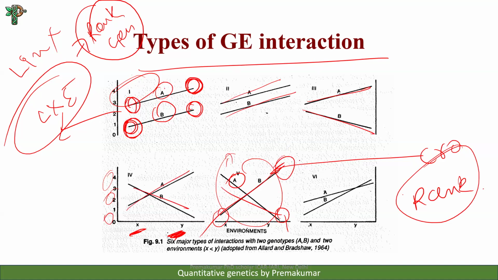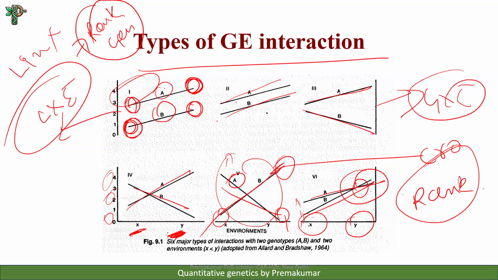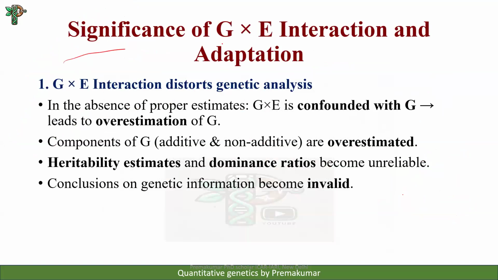Here both are giving the same yield in Y environment, but different yields in X environment. Based on this, we can make any number of classifications, but these six types of interaction are very important. Then why do we need to study this GE interaction?